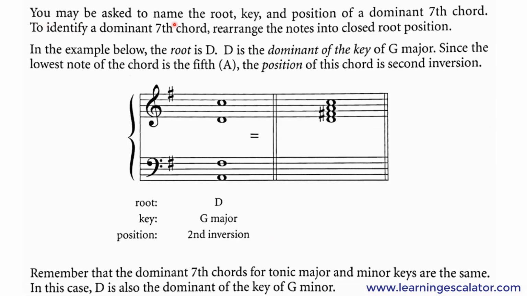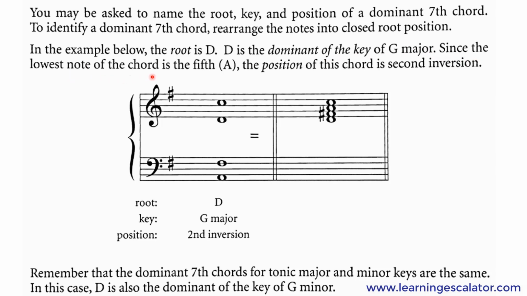You may be asked to name the root, key, and position of a dominant 7th chord. To identify a dominant 7th chord, rearrange the notes into closed root position. In the example below, the root is D, and D is the dominant of the key of G major.